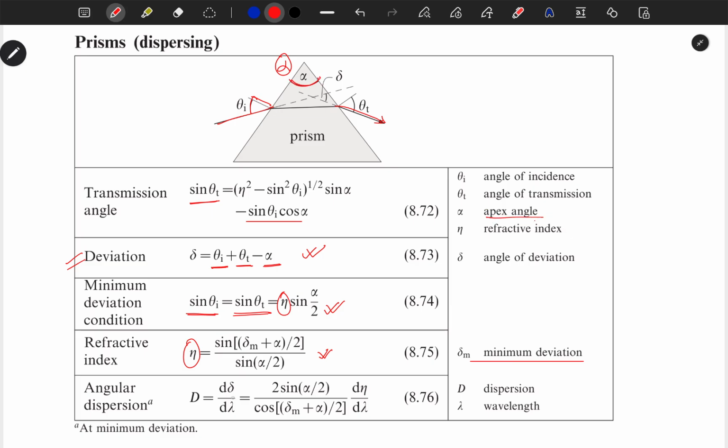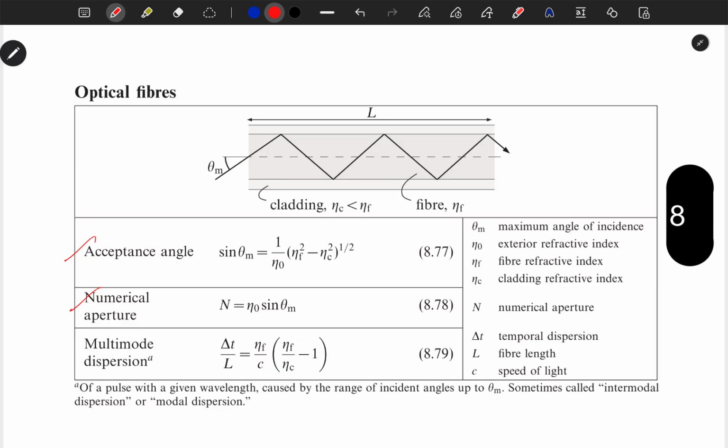Angular dispersion D equal to d delta by d lambda, that equal to 2 sin(alpha by 2) by cos((dm plus alpha) by 2) times d eta by d lambda. For an optical fiber, we have two different layers. First, the core with large refractive index nf and the cladding with lesser refractive index. So nf is larger than nc.